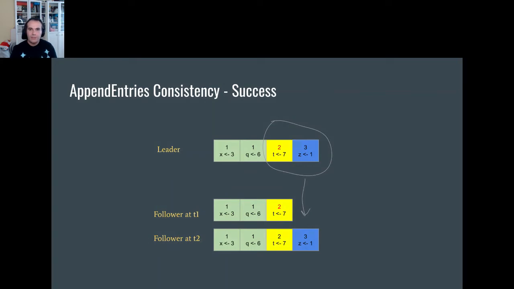When a new message is committed into the leader, the leader will try to send this one to the follower, and at time two, you will see this new member, new term, and new command. Let's say that it will be appended to the follower. And here, what you see is the terms 1, 1, 2, 3.